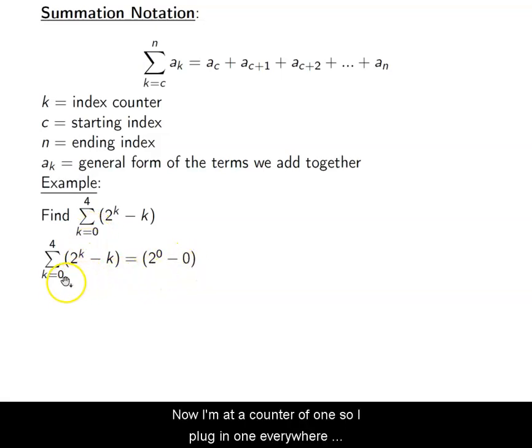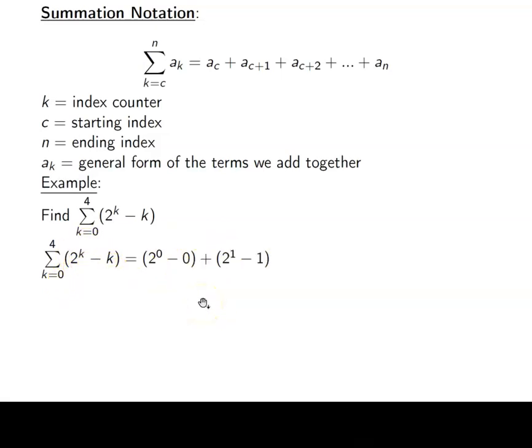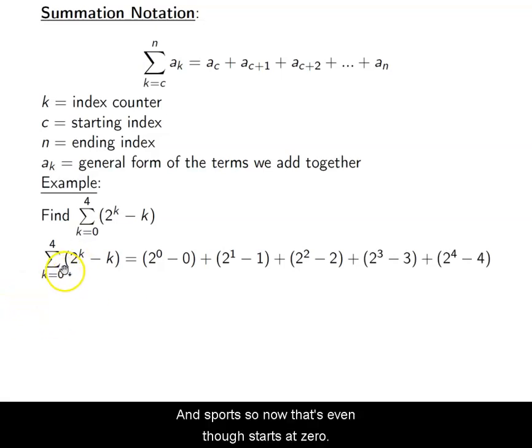Now I'm at a counter of 1, so I plug in 1 everywhere, 2 to the 1 minus 1, and I add those terms together. Then I substitute in 2 for k and add that, and 3 and 4. Notice, even though it starts at 0 and ends at 4, that means there are 5 terms here.